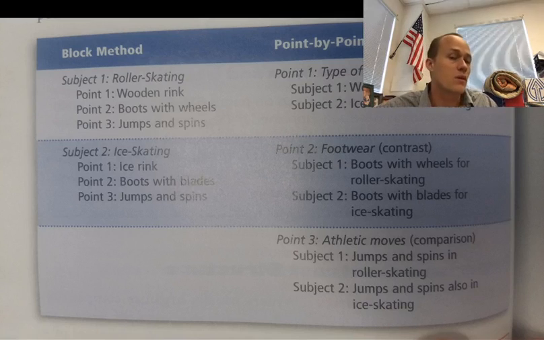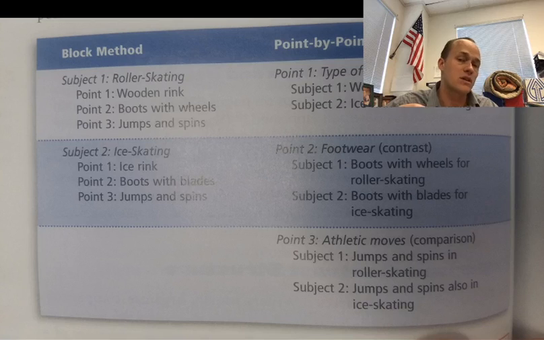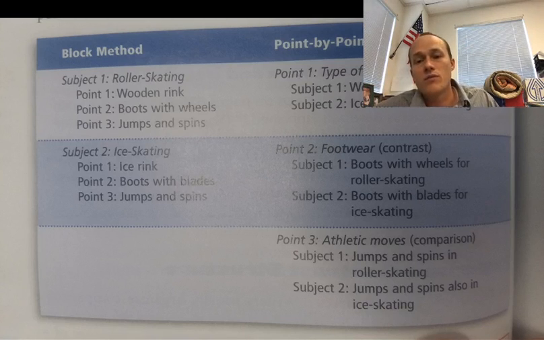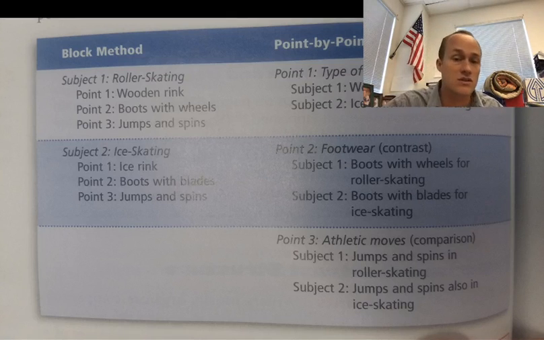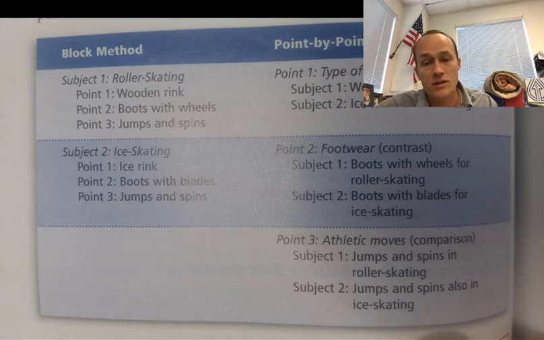Subject 2 would all be in one paragraph, and they're specific to each subject. Whereas on the right, you've got the point by point, where we're going to talk about the type of area, wooden rink versus ice rink. The next one is footwear, the boots with wheels compared to the boots with blades. Third point and third paragraph, the athletic moves comparison, jumps and spins versus jumps and spins. Okay, so that's a comparison. They have things that are similar.